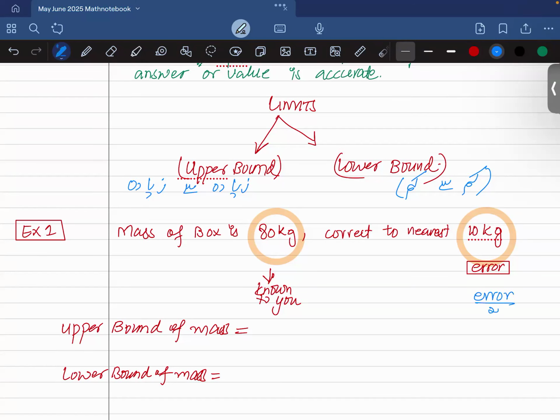The error is 10 kg, 10 divided by 2 is 5 kg. So around 5 kg is the error. For upper bound, just add the error, so 80 plus 5 would be 85 kg. And for the lower bound, just subtract the error, so that would be 75 kg.